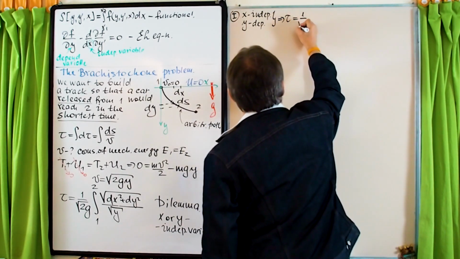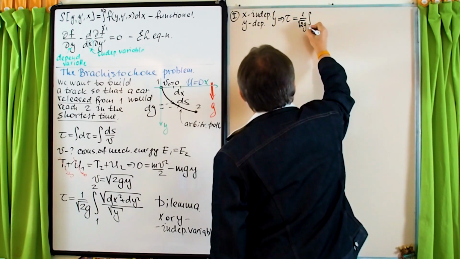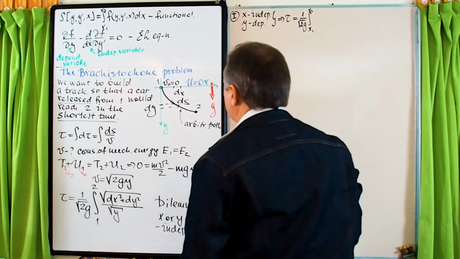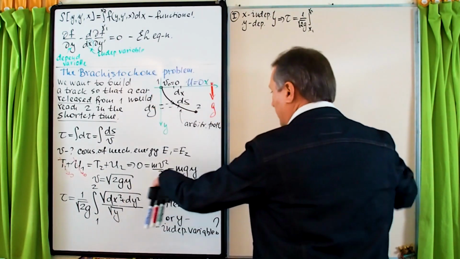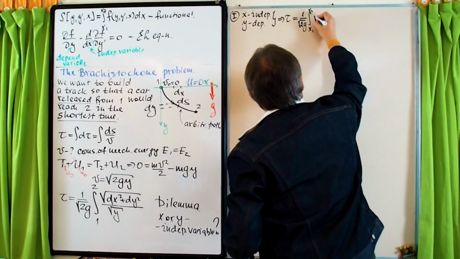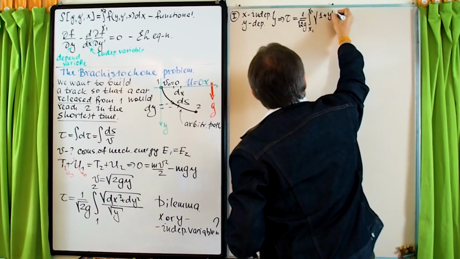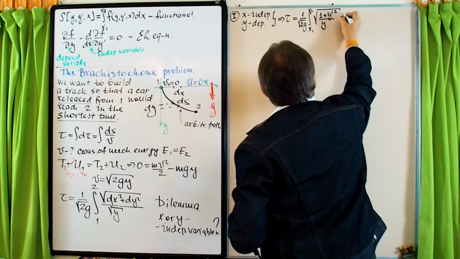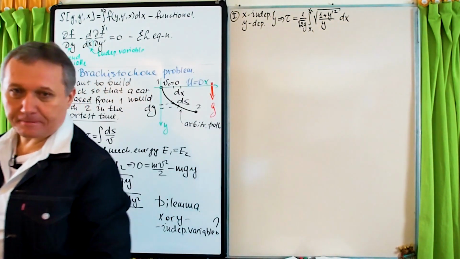So again, 1 over square root of 2g, integration from x1 to x2, right? And so we will have in that case the square root of 1 plus y prime squared over y, and dx, where y prime, of course, is dy over dx.